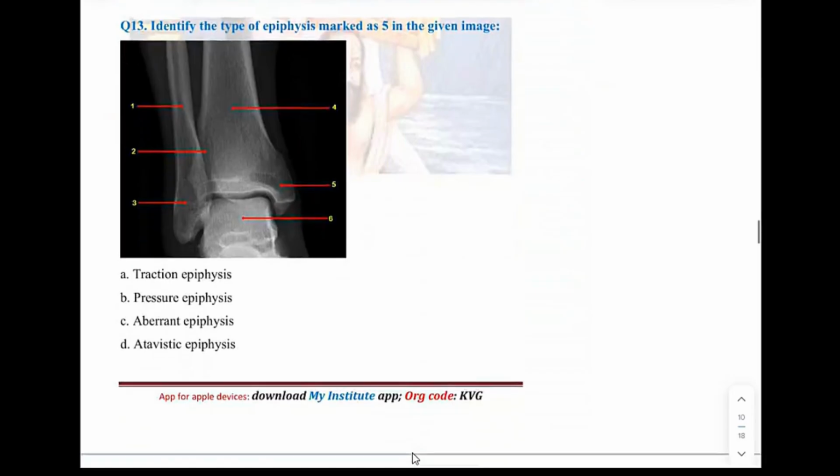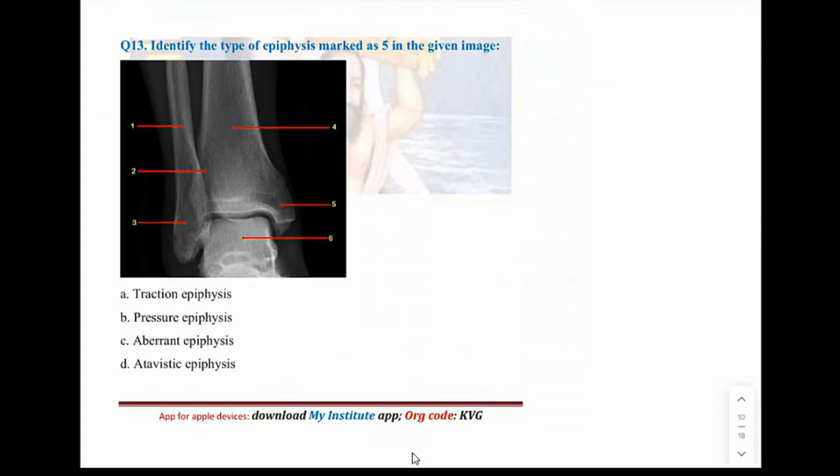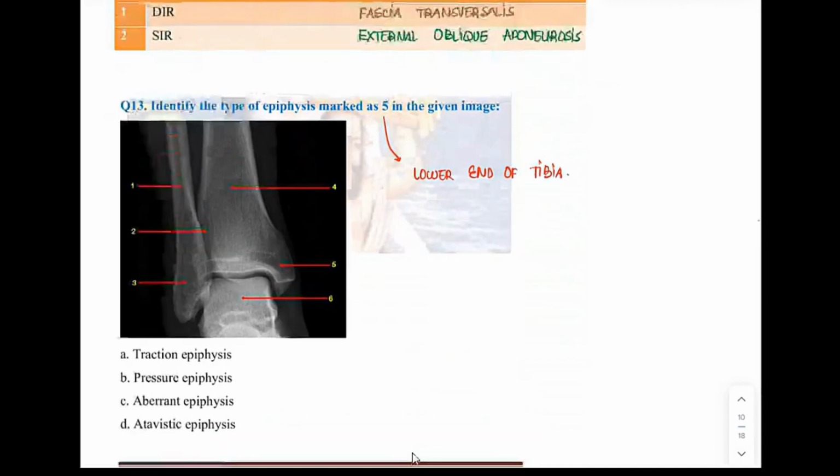Then identify the epiphysis which is marked with the number 5 here. The number 5 is actually the lower end of the tibia, and it is participating in the formation of the ankle joint. The ankle joint participates in weight transmission.